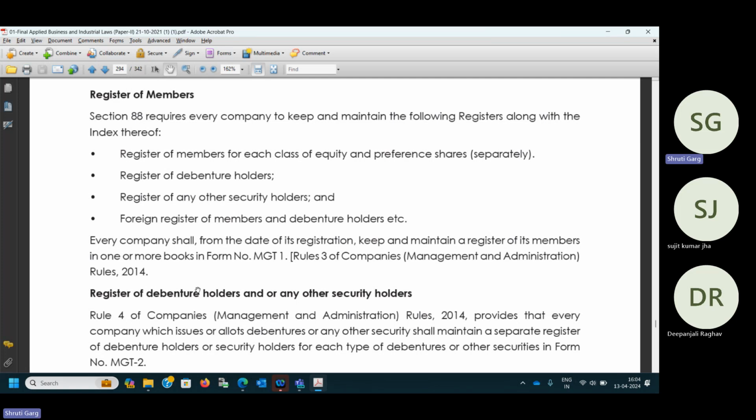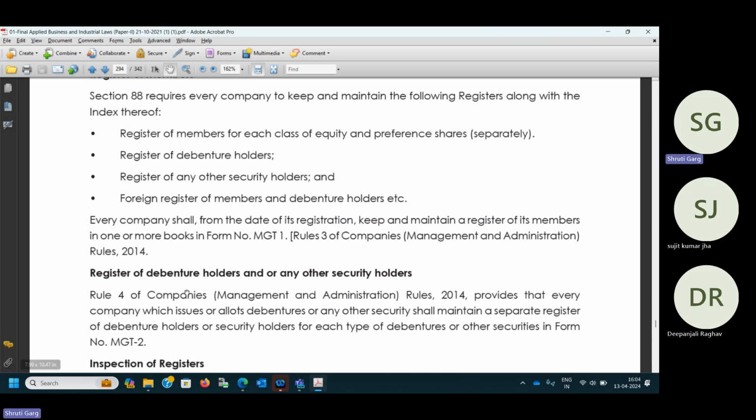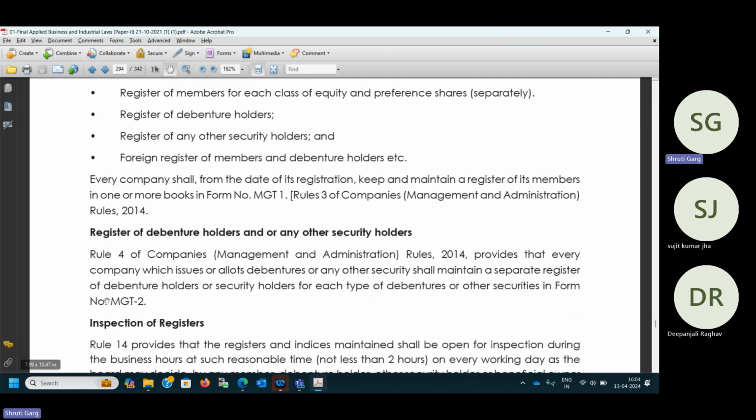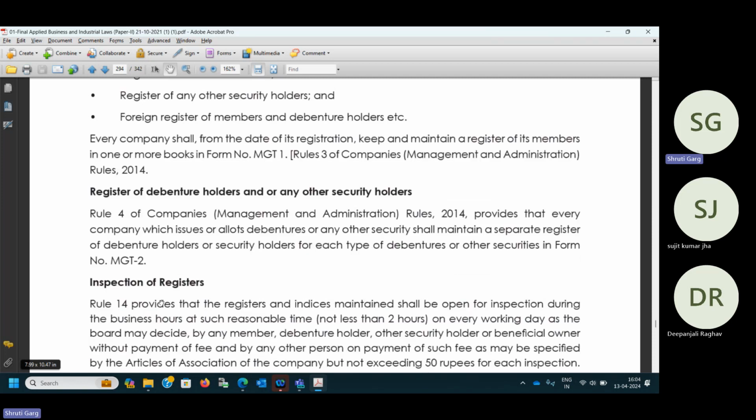Equity shareholders or preference shareholders, form MGT-1. The register will be maintained in form number MGT-1. Debenture holders will maintain their records in form number MGT-2.